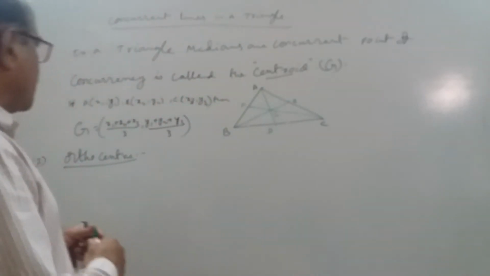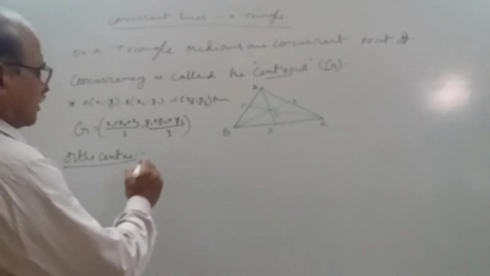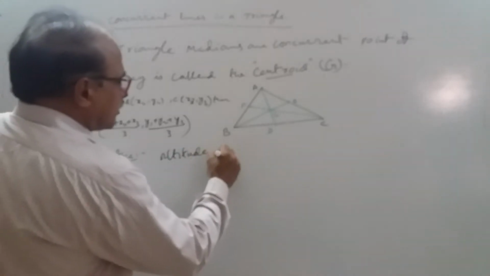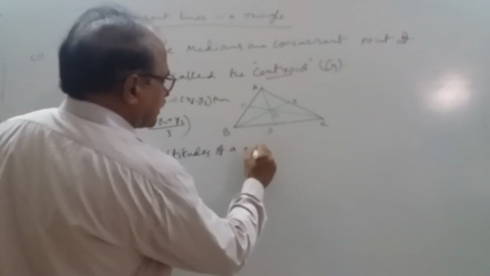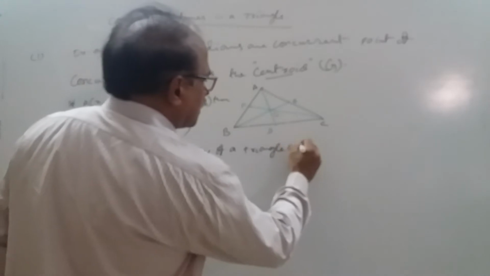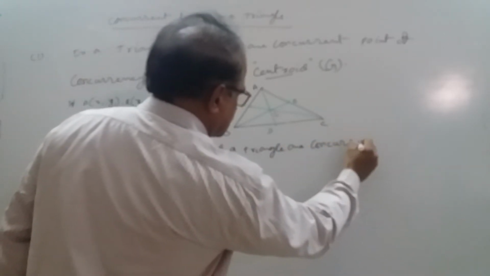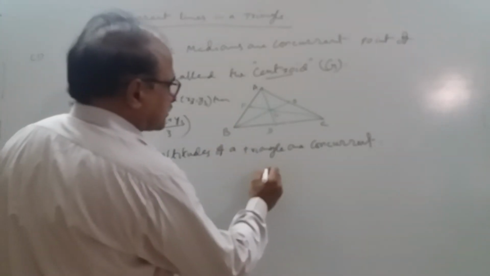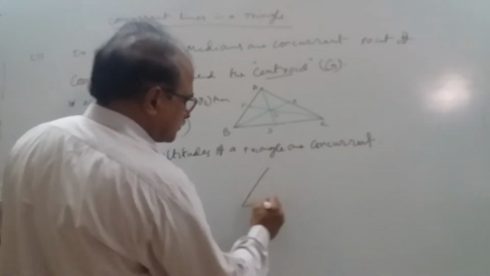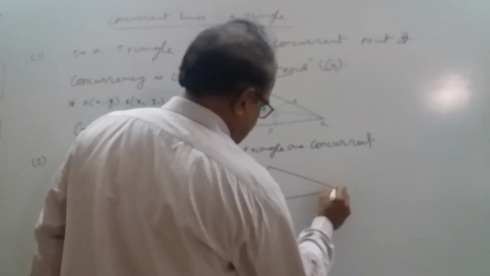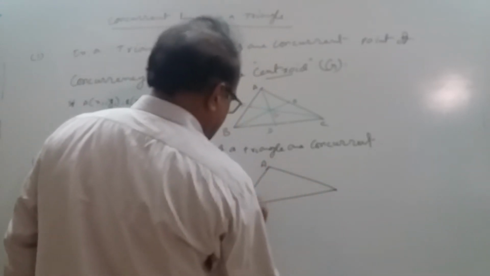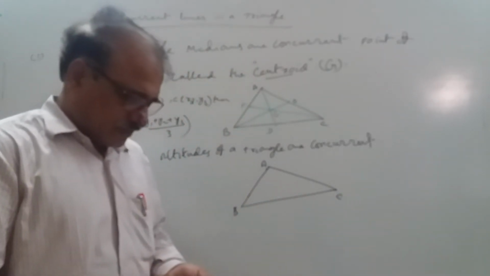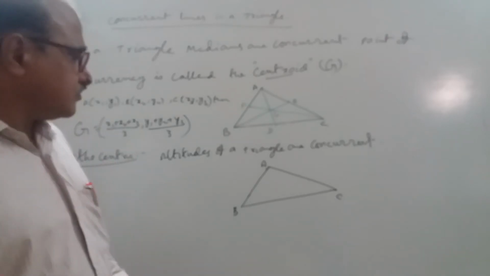If we draw, I will write: altitudes of a triangle are concurrent. What is an altitude? Here we will explain again. Let ABC be the triangle.